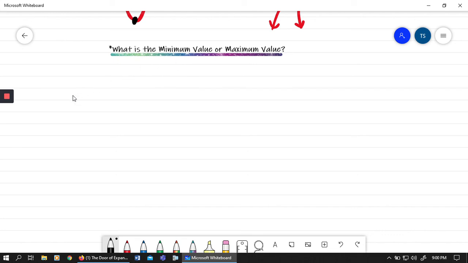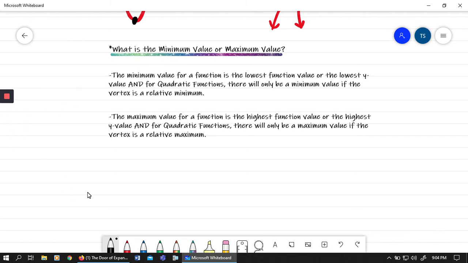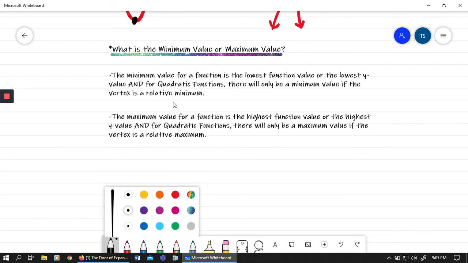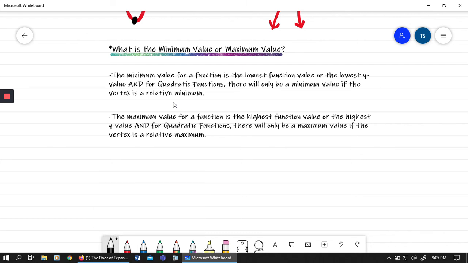So again, folks, if you're asked to find a minimum value, we're pretty much asking you to find the lowest function value or the lowest y value of that particular function. And remember, guys, you are only going to have a minimum value if you've actually got a relative minimum.